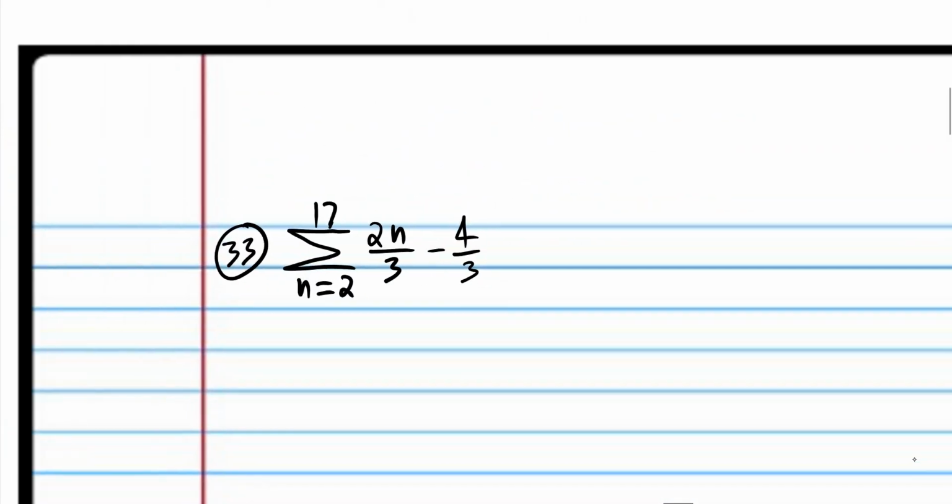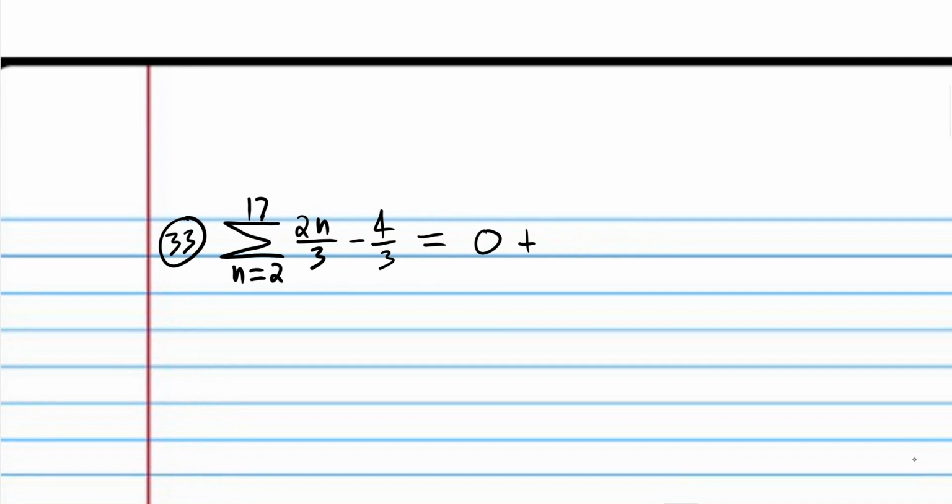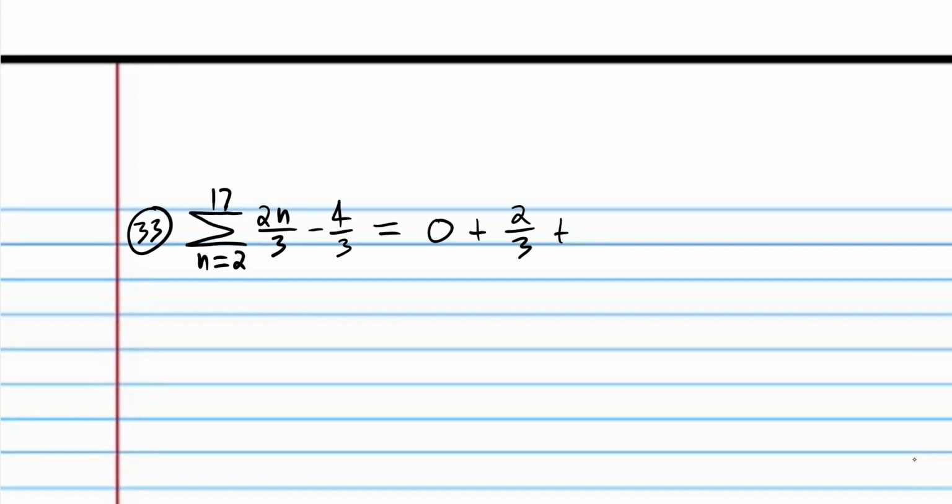All right, we're back. So if you plug in 2 for n, we get 0. If you plug in 3 for n, we get 2/3. It may take a second to do the math on some of this.